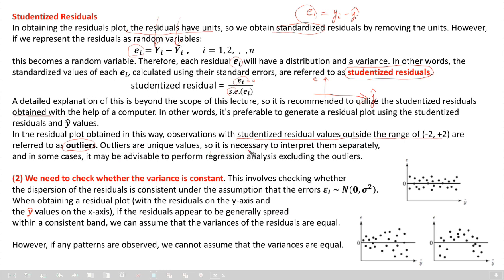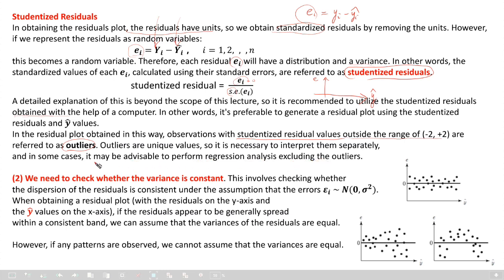So it is necessary to interpret them separately. Why are these some data outliers? So you can look at the outliers precisely. And in some cases, it may be advisable to perform regression analysis excluding the outliers.